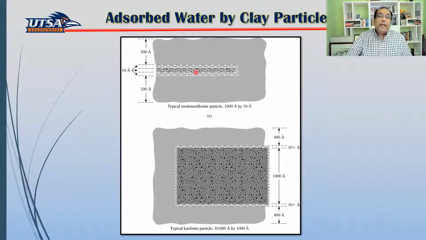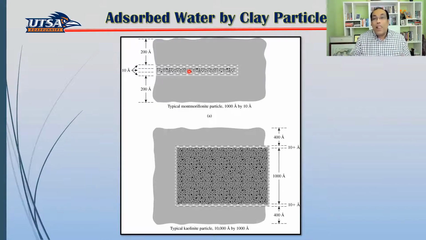So you can see this is a typical montmorillonite clay particle here, and this is the water that will be absorbed to neutralize the negative charge of the particle. You can see it can absorb almost 9 times its own volume.